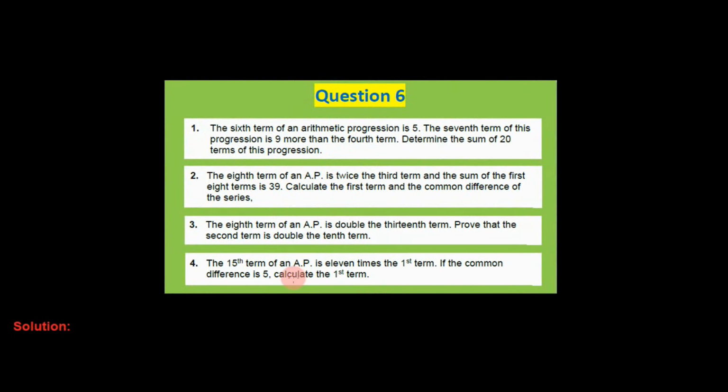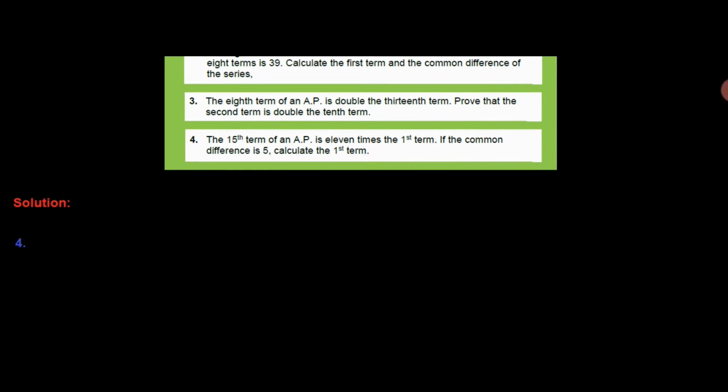In the last question here, we are told that the 15th term of an AP is 11 times the first term. And it says, if the common difference is 5, calculate the first term. So once again, we're going to convert the information given into equations. So the 15th term is 11 times the first term.